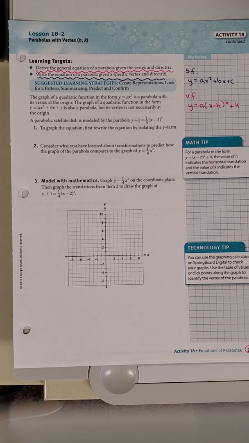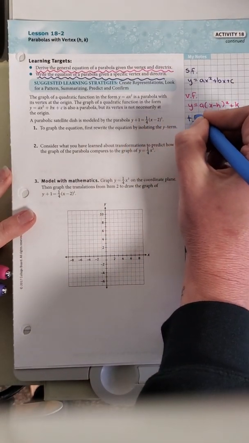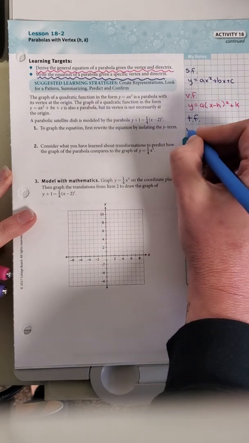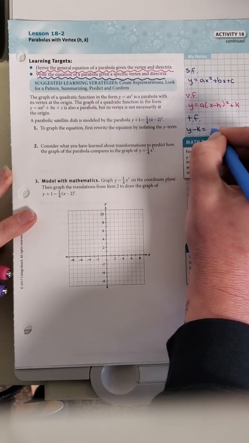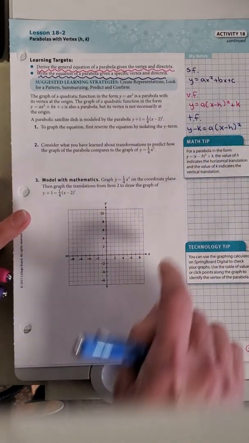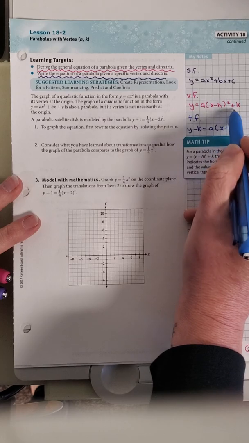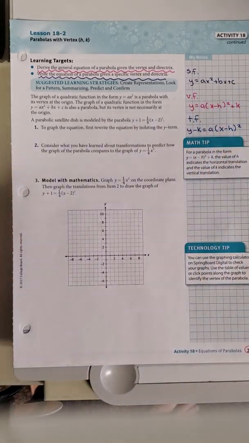Right, we know this is a new form. This is called transformation form, and it's y minus k equals a(x minus h) squared. And so the only difference between vertex form and transformation form is that they have subtracted k over.